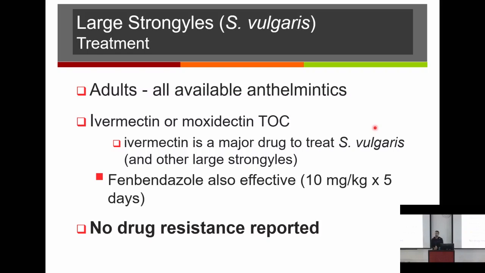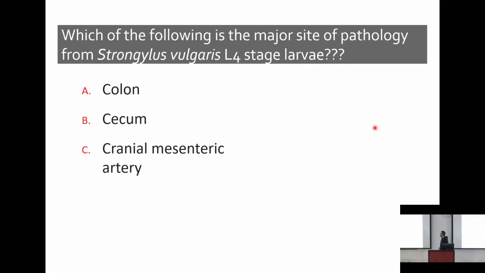Okay, let me check your knowledge now, if you have your point solution ready. Which of the following is the major site of pathology for Strongyles vulgaris? L4 stage larvae.